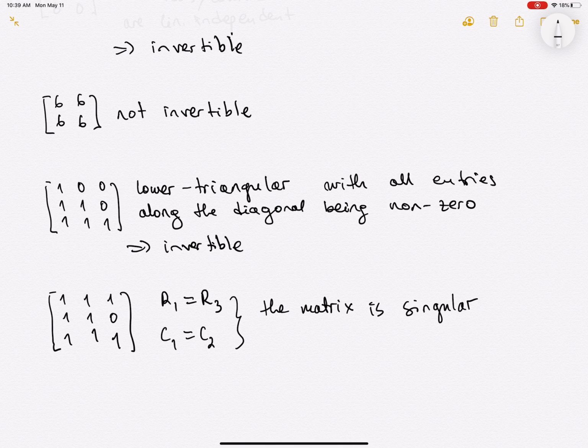All right, I hope with this you are feeling a little bit better about these invertible matrices and how they can tell us something about linear dependence and linear independence. So just like we used linear dependence or independence of rows or columns to tell us whether a matrix is invertible, we could also use Gauss-Jordan elimination to tell us if a collection of column vectors is independent or dependent.